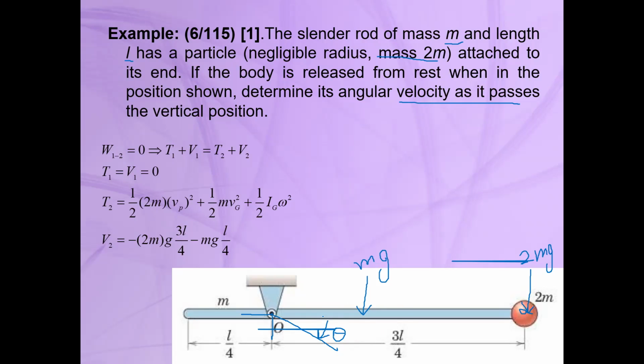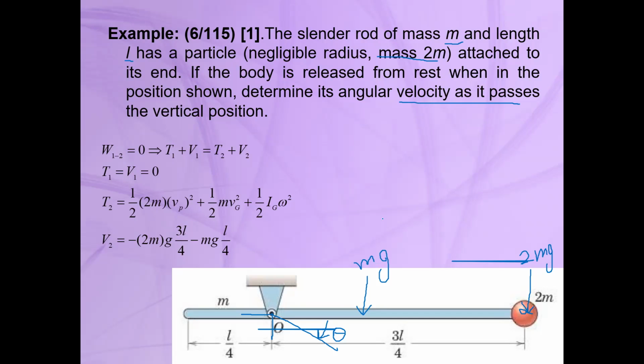You should obtain the angular acceleration and also the angular velocity, and then you can find the final velocity. But the best option for this type of problem is using the work and energy method, because you don't need to obtain the acceleration and you can directly find the final velocity using the initial velocity.